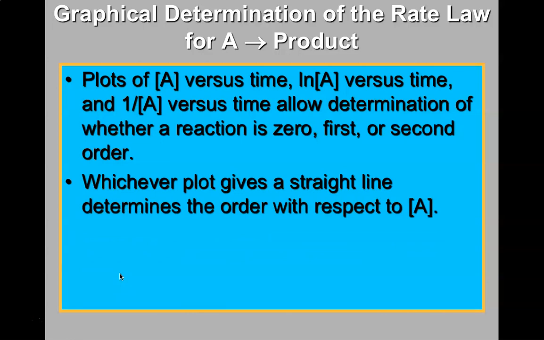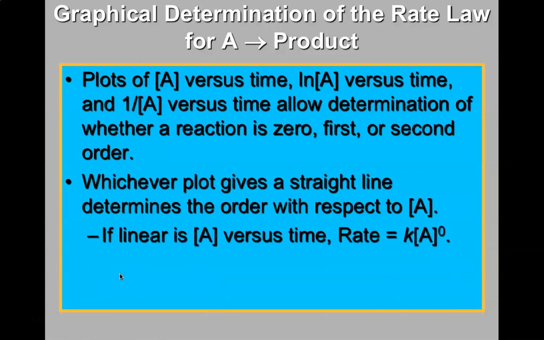That's all you're looking for. College Board may give you the three graphs and you pick one, or have you plot data, graph it yourself, and then pick one. Either way, you're looking for whichever one is the straightest line. And trust me, it's going to be blatantly obvious which one is linear and the other two are not at all.